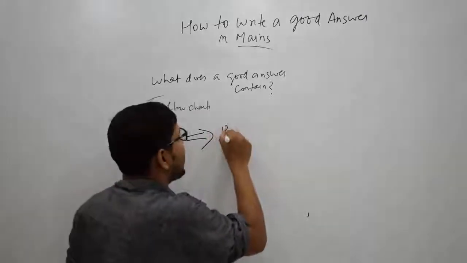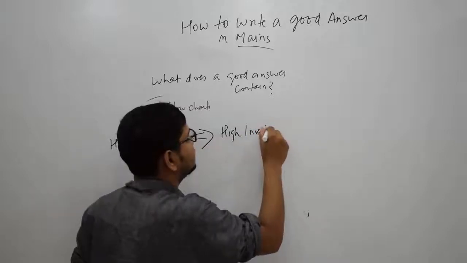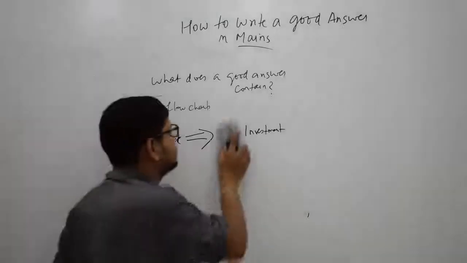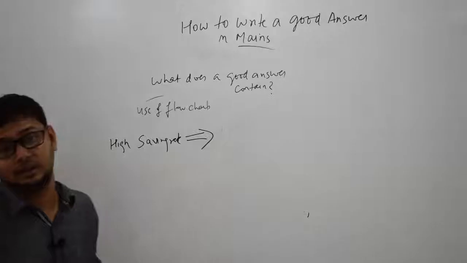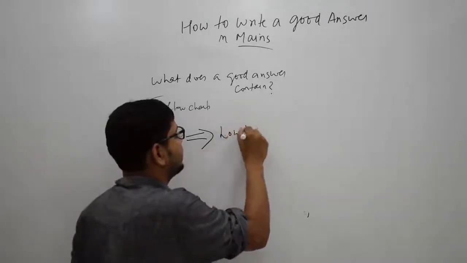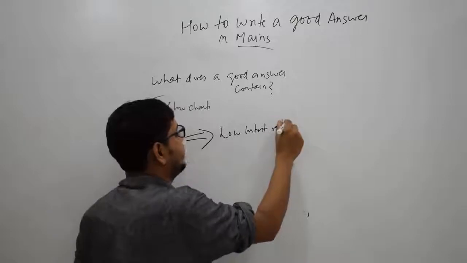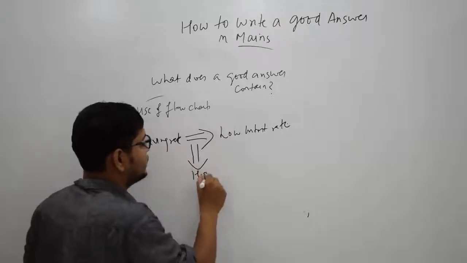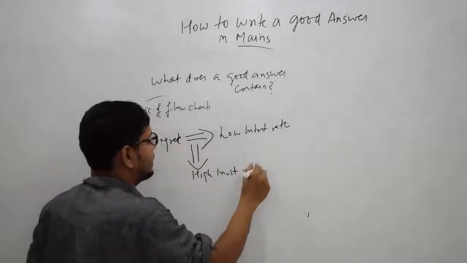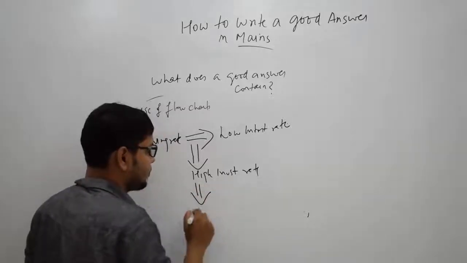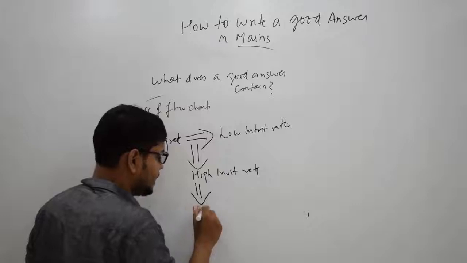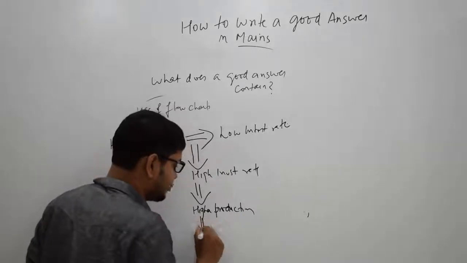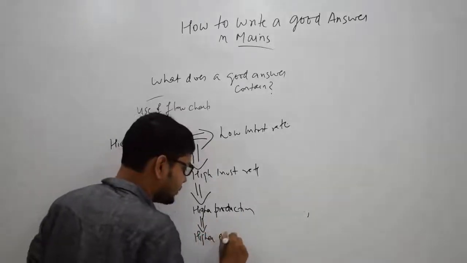It will lead to high investment rate, because high saving rate will, or you can explain it this way: high saving rate will lead to low interest rate, and low interest rate will lead to high investment rate, and high investment rate will lead to higher production, and higher production would lead to higher economic growth.